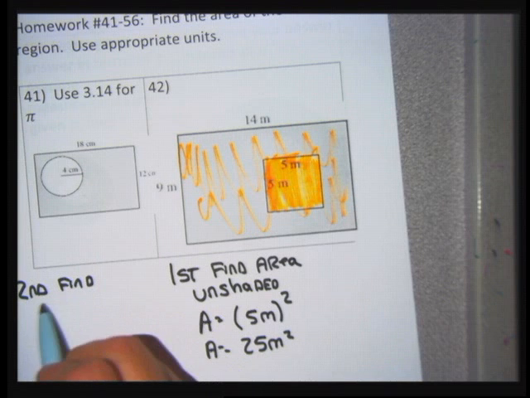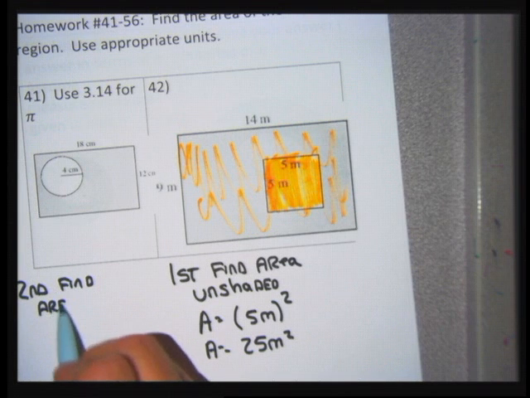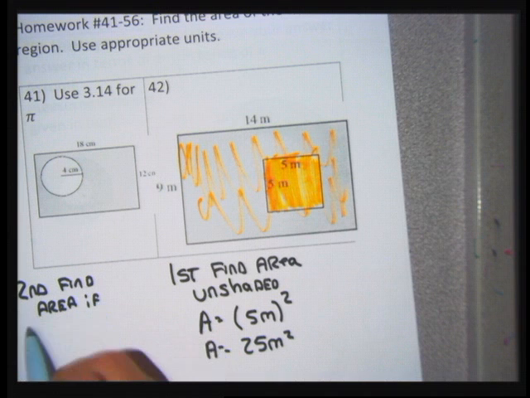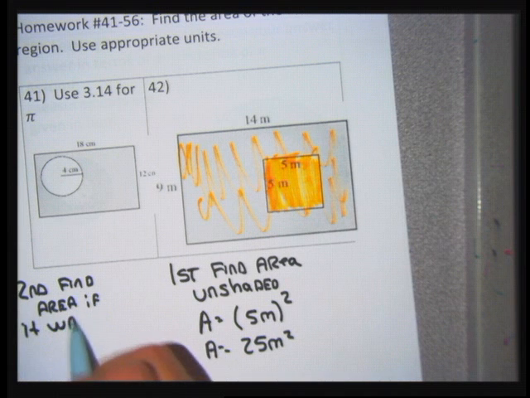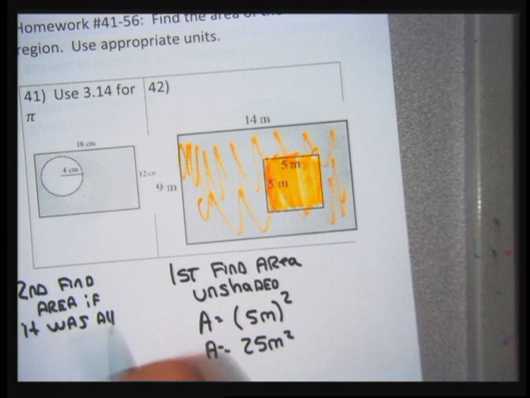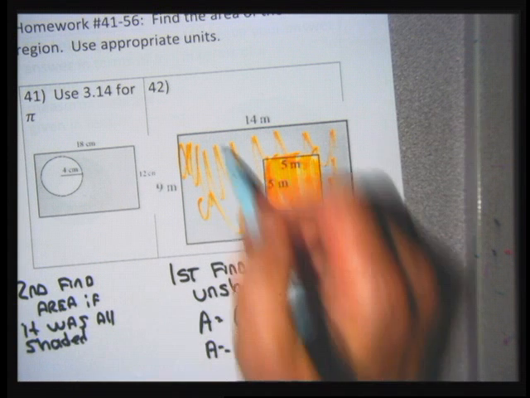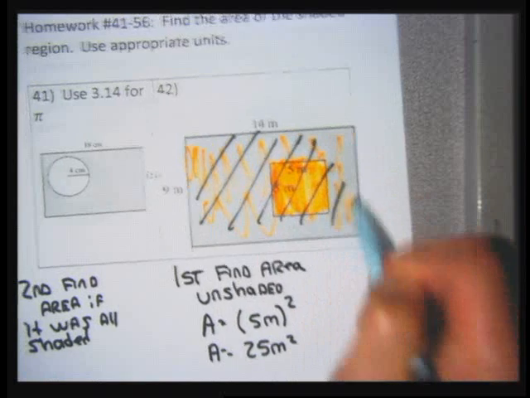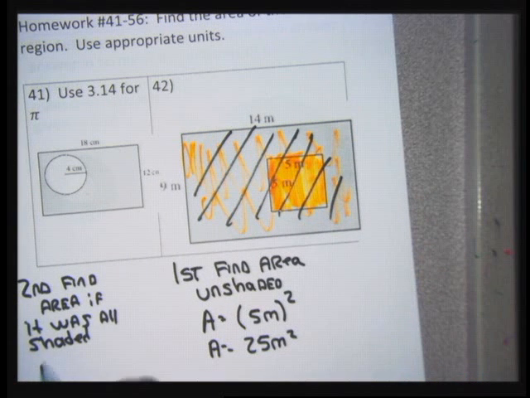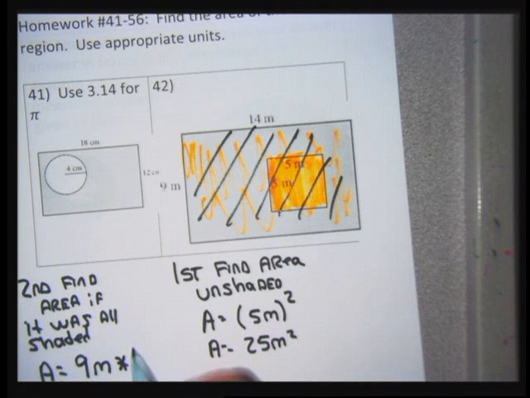So I'm going to find the area if it was all shaded. That's a rectangle, and the area of a rectangle is just multiplying the two sides, the length times the width. Doesn't matter what you call each side, you just multiply the two sides.